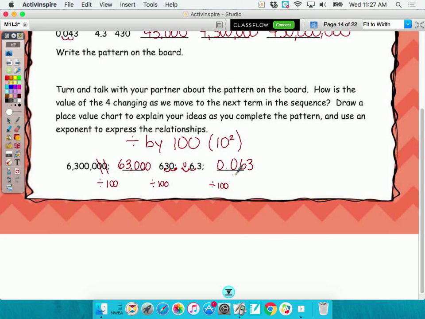The third place value, are you listening? Because this is a trick. The third place value to the right of the decimal starts with TH, right? Third. Got it? What does the word thousandths start with? TH. So if you count over 1, 2, 3 with a TH, you can just automatically know it's thousandths. Okay? All right.